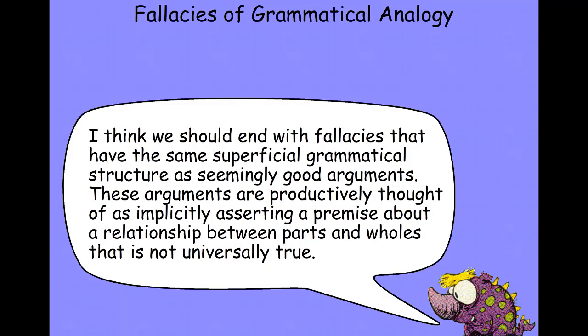In general, in fallacies of grammatical analogy, the difference between a good version of the argument and a bad version all turns on whether or not a premise, which is usually implicit in the argument, is true for the case at hand or fails to be true for the case at hand. So these arguments are either sound or unsound.